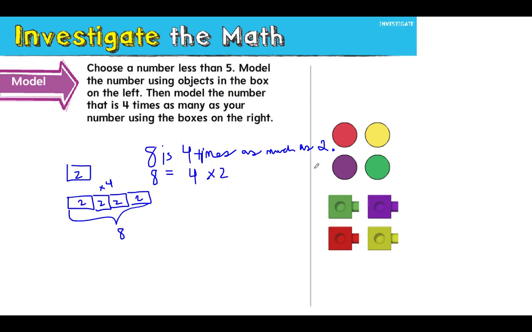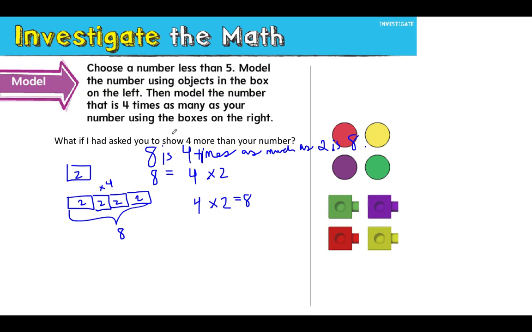We could also put this sentence in a different order. 4 times as much as 2 is 8, where the is 8 goes here. That's still 4 times 2 is 8, right? So both of these sentences are correct, and both of these equations are correct.